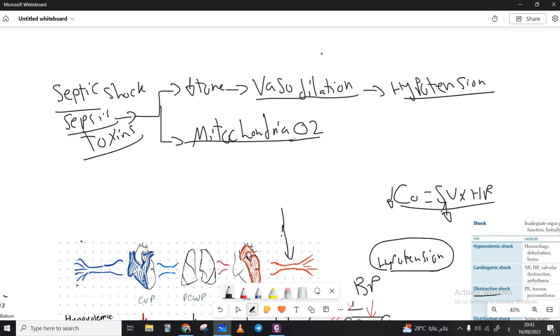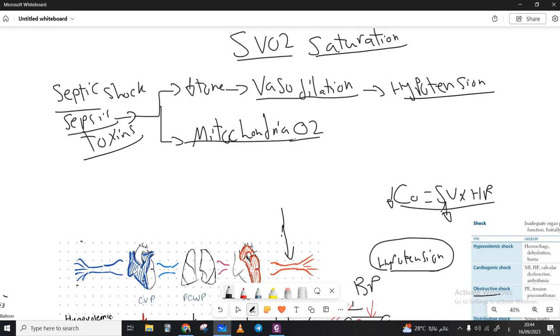By the way, we have another indicator called SVO2, which is a measurement of how much O2 we have in the veins, or in the blood. It's like the saturation of O2: how much blood is being saturated with oxygen, right?